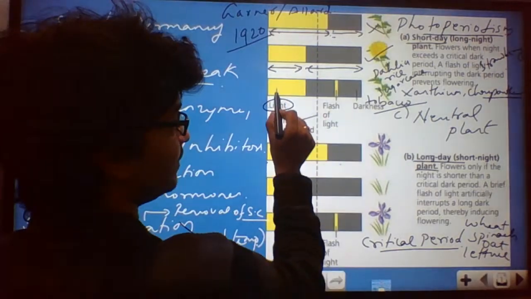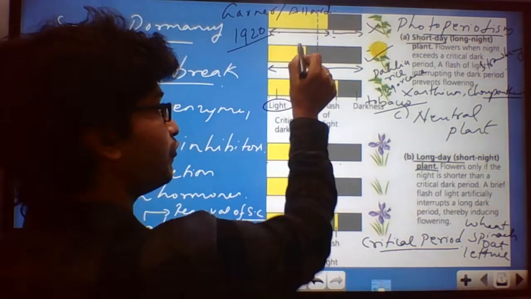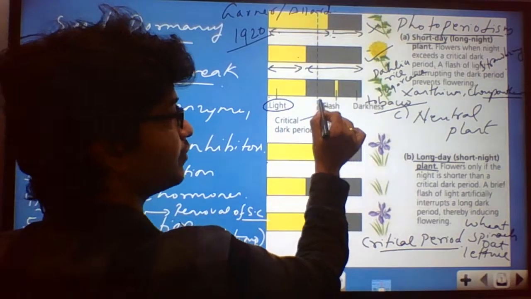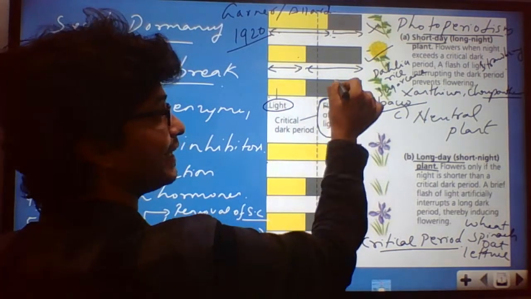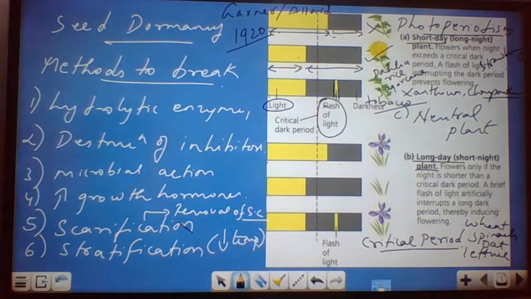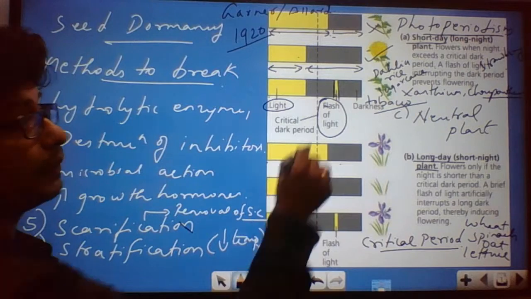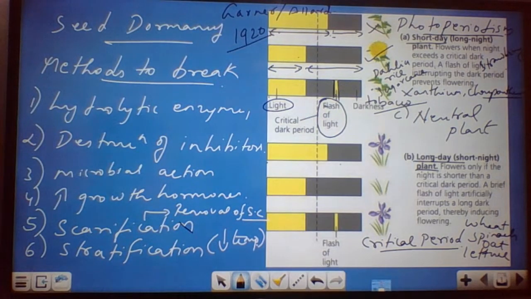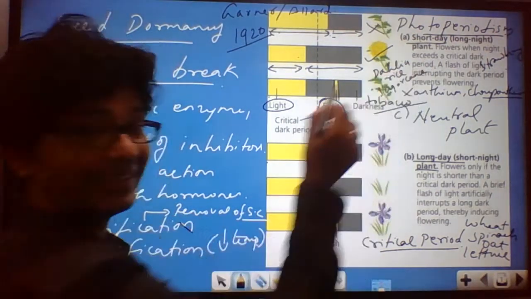Yes, you could see the flowering in this case. In the third experimental setup, of course, it is the same as the second experimental setup, but here you could see the darkness has been interrupted by intermittent light supply. This intermittent light supply has stopped the flowering in the third experimental setup also. What has happened is there's no flowering. It means the critical point here is the darkness.